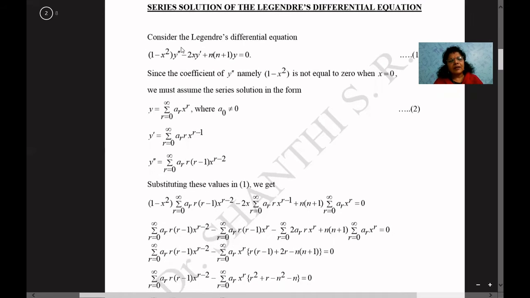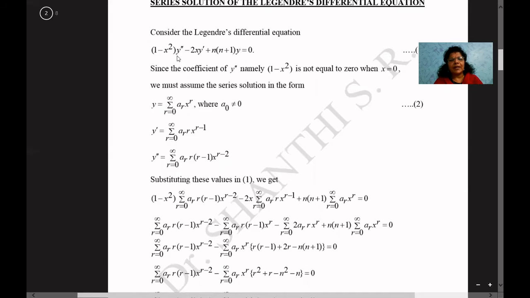By taking the coefficient of y double dash, which here is 1 minus x square. The value of 1 minus x square is not equal to 0 when x is equal to 0: applying x equal to 0, it is 1, which is not equal to 0. So we should choose the series solution of the first type, that is y is equal to sigma r is equal to 0 to infinity a r into x power r, where a naught is not equal to 0.